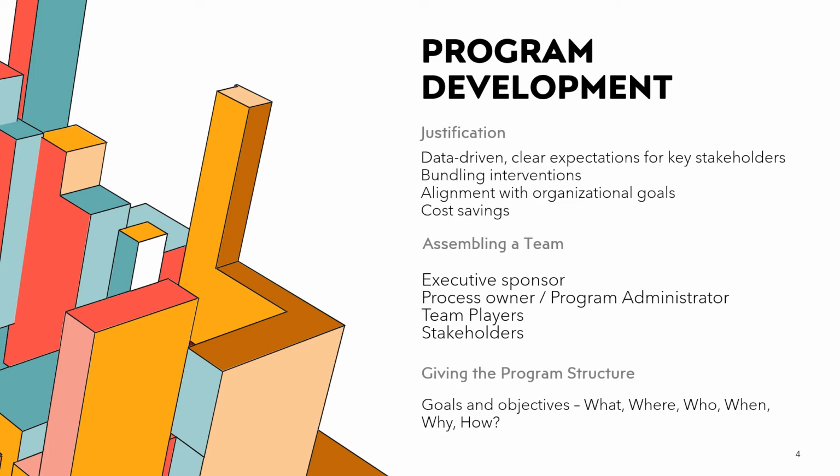The next component of program development is assembling a team, and this is often, when I was talking about getting buy-in from administration, an executive sponsor is so critical to the success of a program.